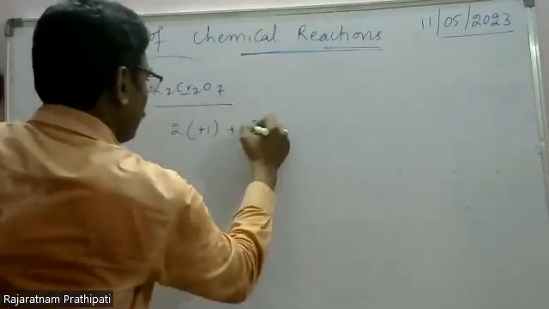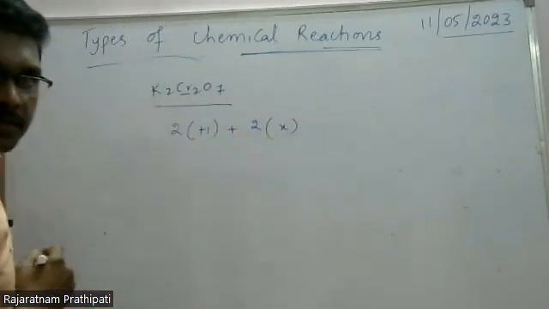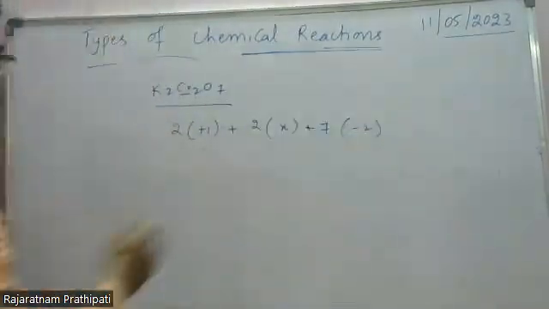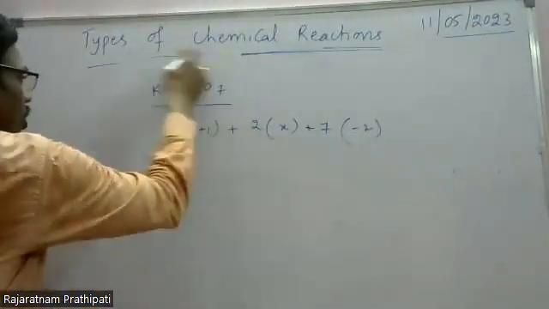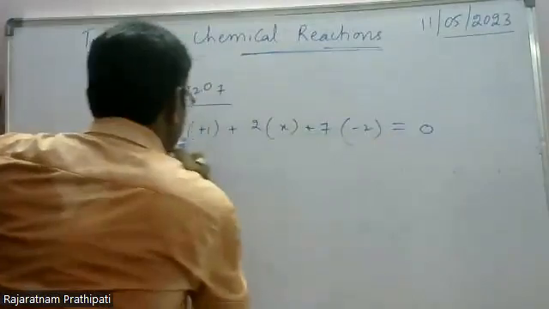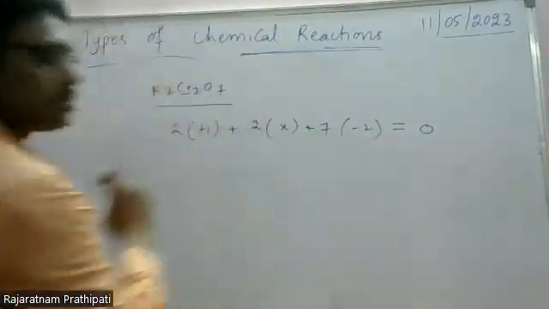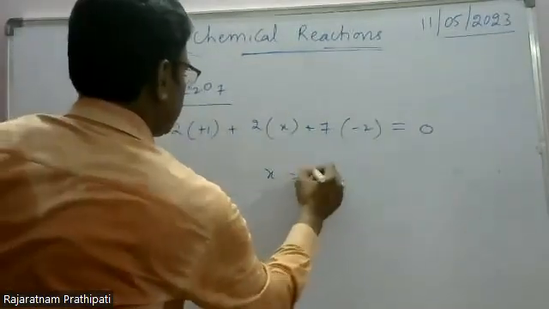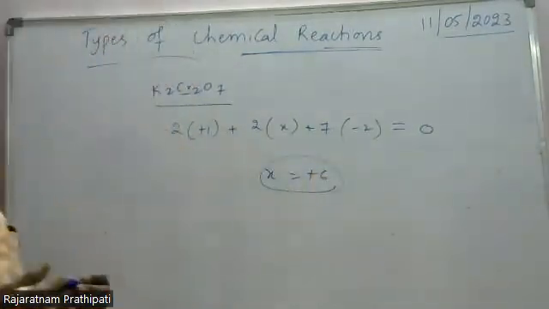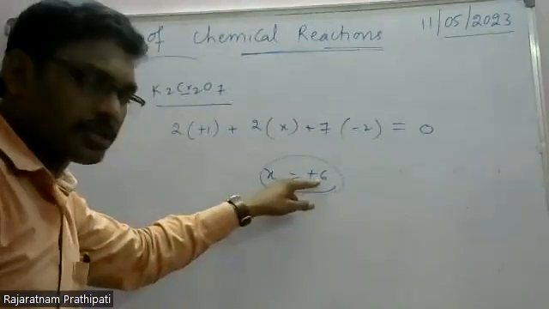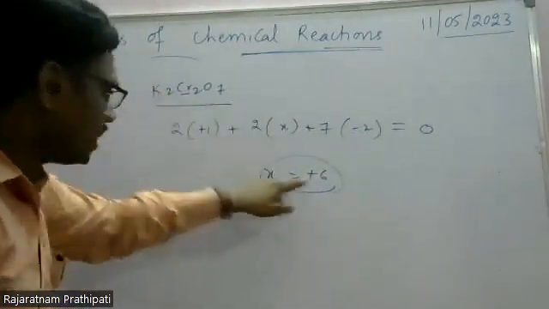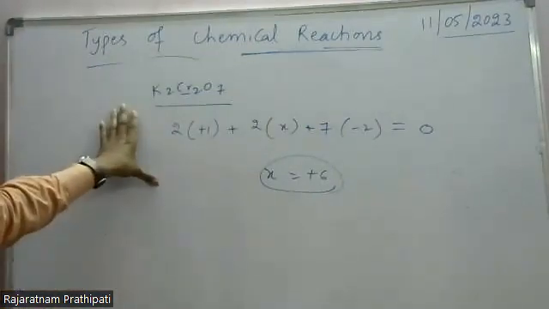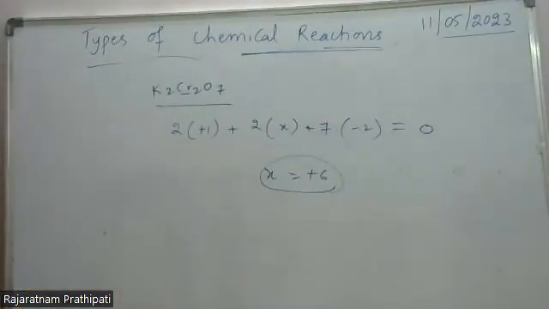Plus chromium: 2 into unknown x, plus 7 oxygen into -2. This is a neutral molecule, so the sum of the oxidation states should be equal to 0. If you simplify this, you get x equal to +6. That means the oxidation state of chromium is +6. In this way, we can calculate the oxidation state of the elements.